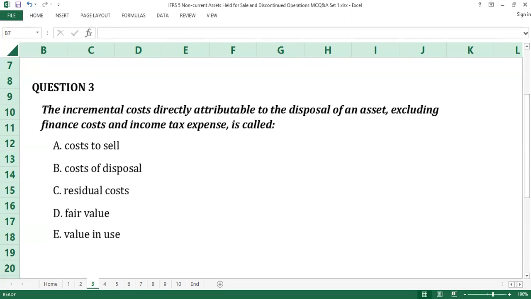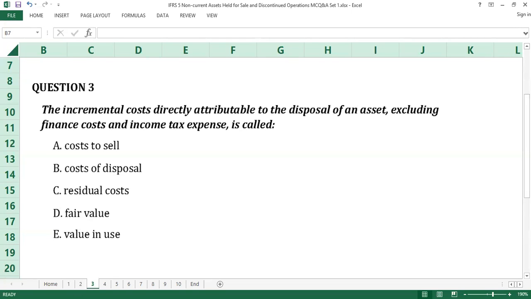Question number 3. The incremental cost directly attributable to the disposal of an asset, excluding finance costs and income tax expense, is called dash. A. Cost to sell. B. Cost of disposal. C. Residual cost. D. Fair value. E. Value in use.